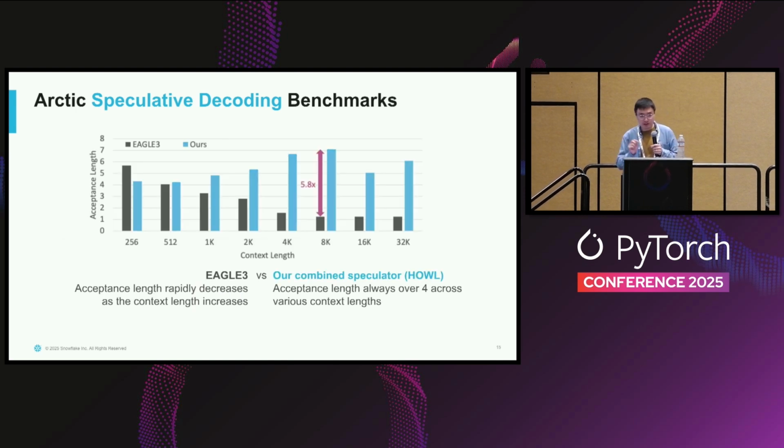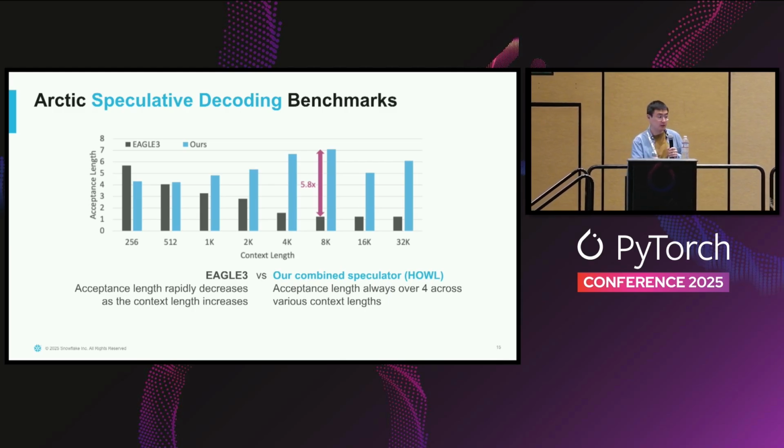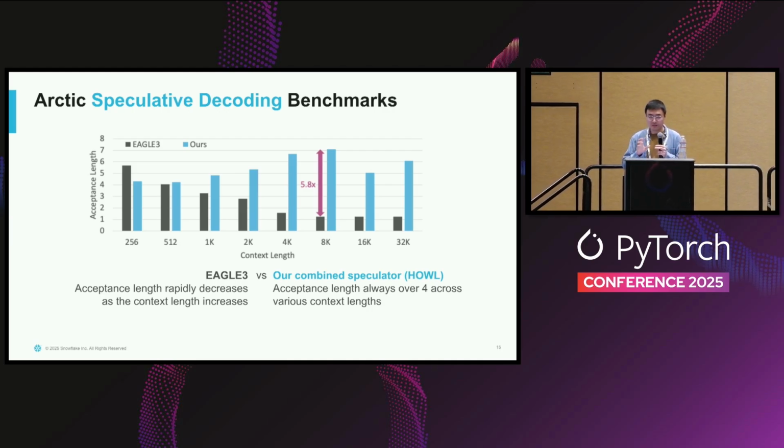OK, so another interesting observation that we made is that this combined speculator can generalize very, very well to longer contexts. And longer context is quite important for a lot of practical tasks where you want to put a lot of useful information into the prompt of your LLM. This graph is showing the acceptance length on the y-axis, which is essentially a measure of how many tokens were guessed correctly at each step, and the context length of the request that we're sending on the x-axis.